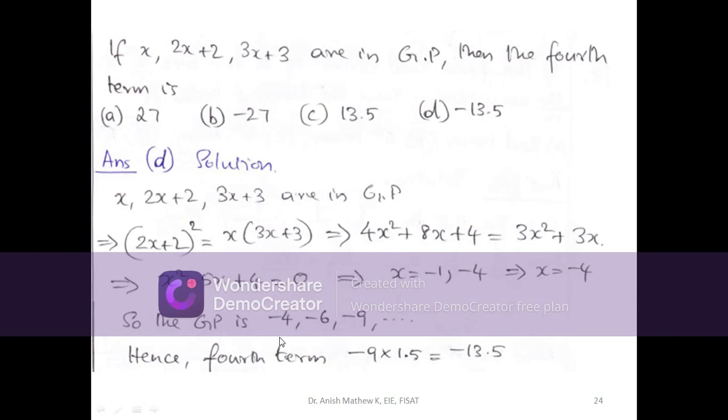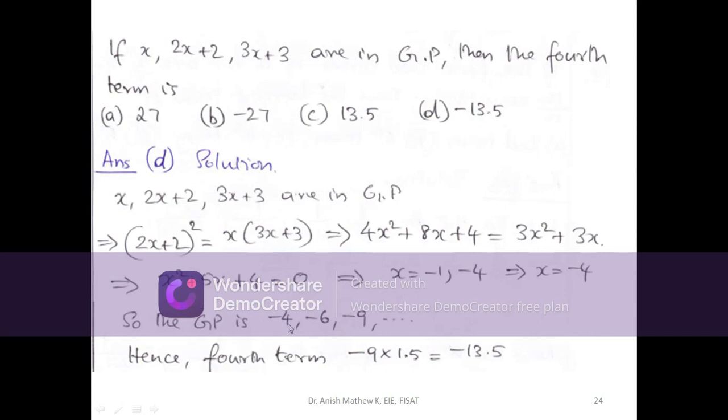So the fourth term is a into r cube, where a is minus 4 and r is 1.5. Otherwise, you know the third term is minus 9, so the fourth term is minus 9 into 1.5.